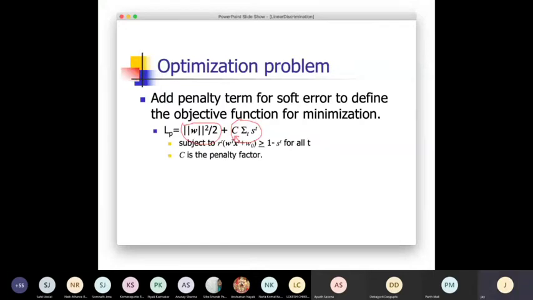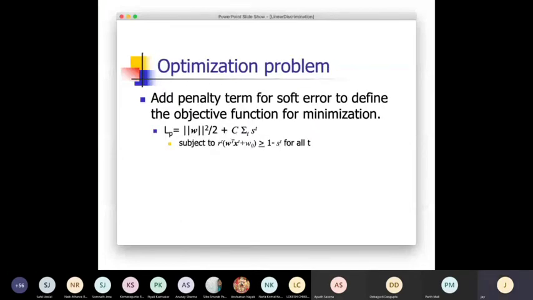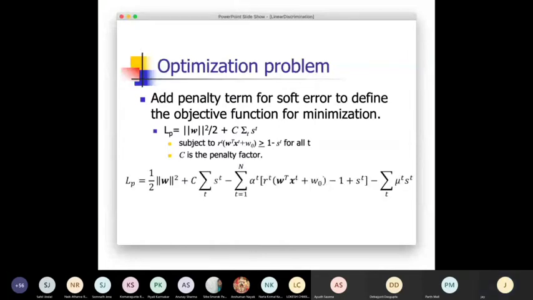These are the new constraints which we are specifying by taking into consideration the slack variables for each sample. And C is called the penalty factor. The same approach applies for constrained optimization.